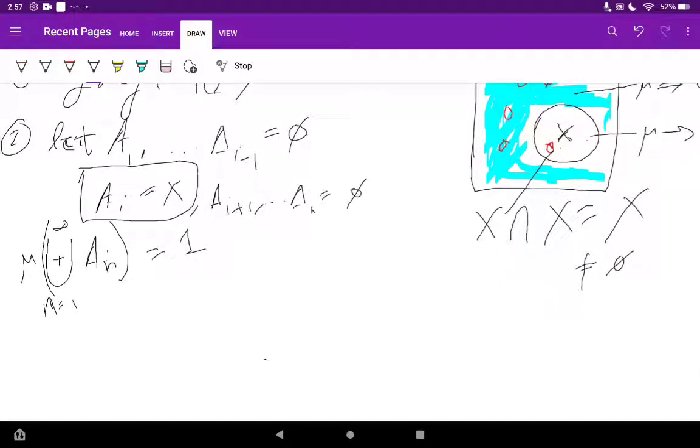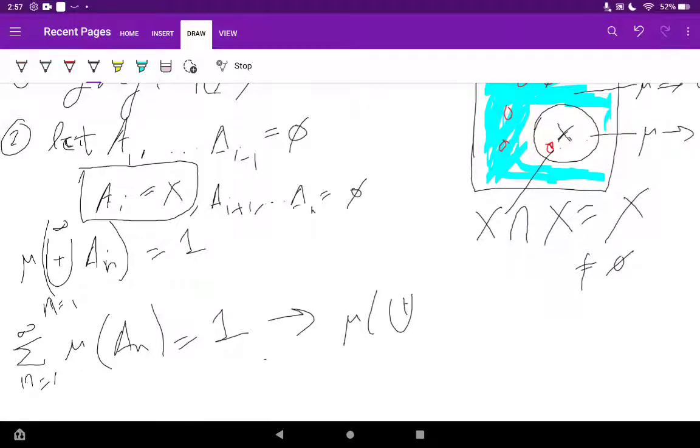Similarly, when you look at the summation of this thing from n equals 1 to infinity, you will see that, okay, now let's look at this A_n. Again, this will also be equal to 1. Therefore, we have proven that this is countably additive. How is this 1?